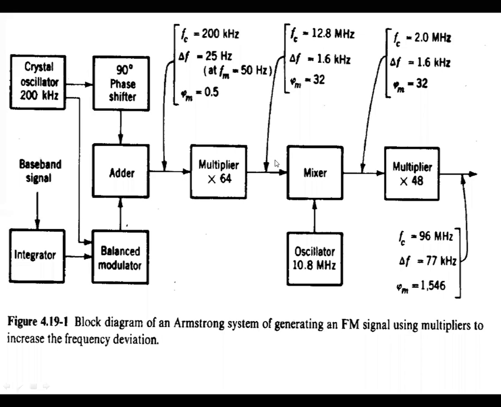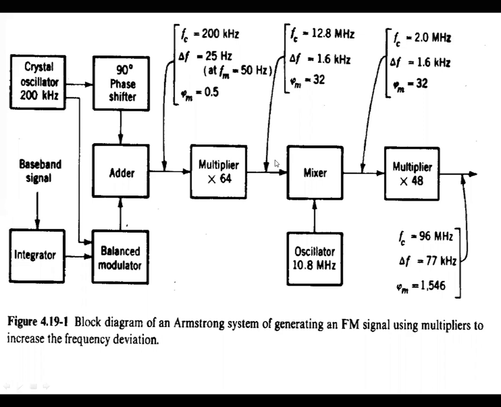FC is equal to 12.8 megahertz after multiplication by 64. And del F value is given as 25 Hz now, multiplied with 64, and the value is 1.6 kilohertz.